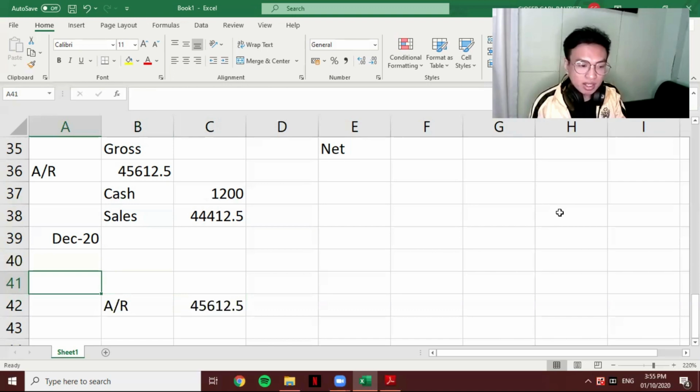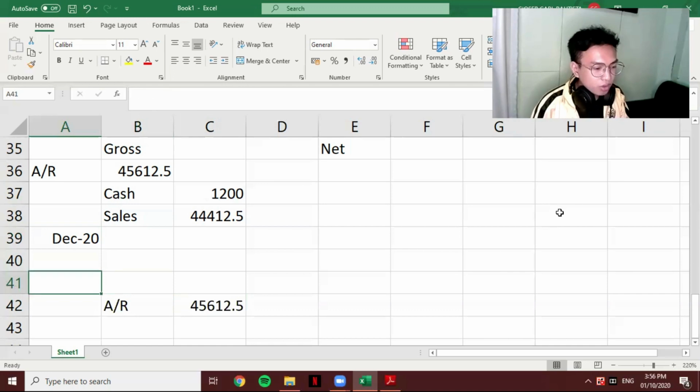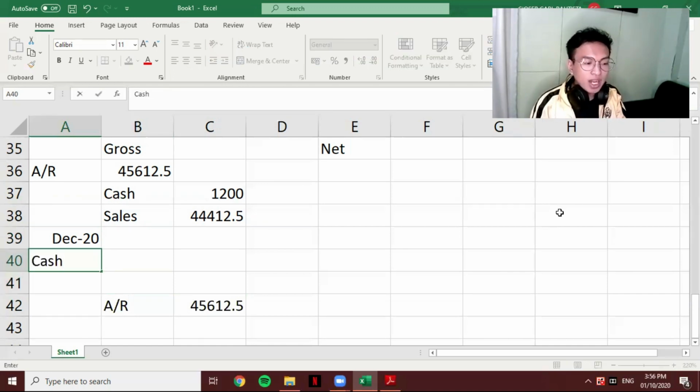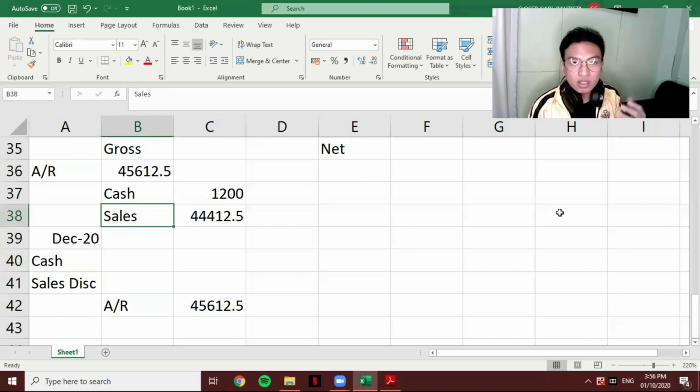If they paid within the discount period, which is December 20, you have cash na gusto nating makuha. But we have the sales discount nga. And gross method, same sa katulad nung ginawa natin kay purchase discount earlier.